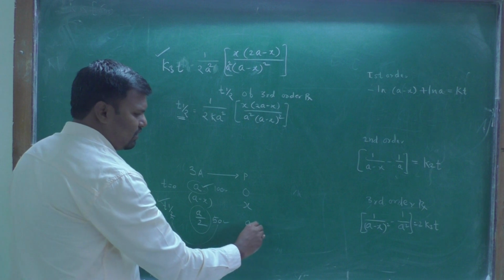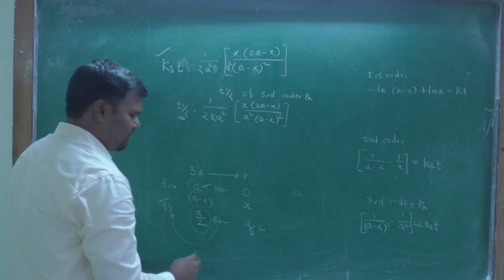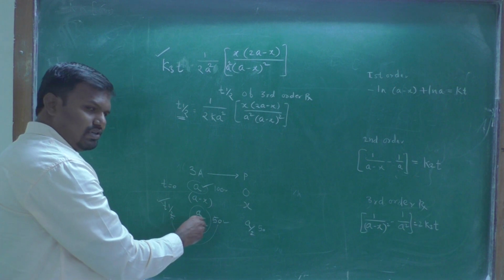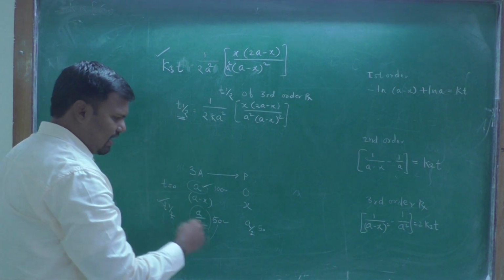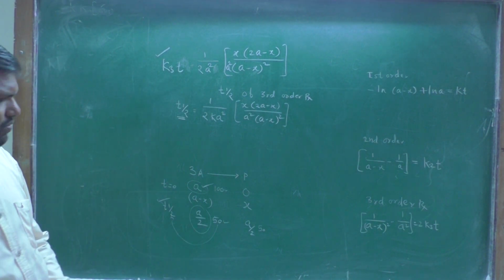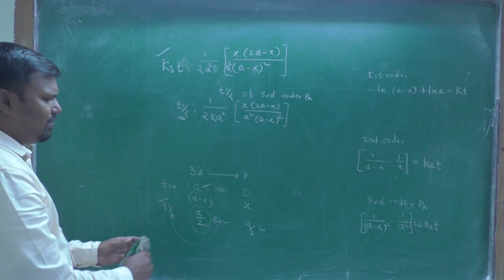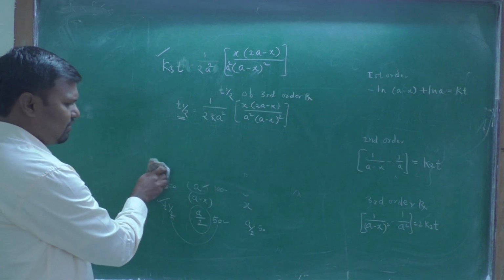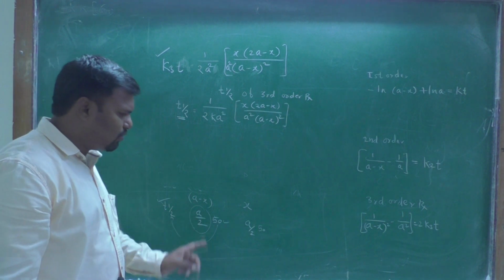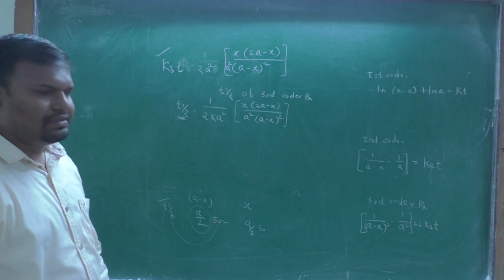If it is 50, your product is also 50. Therefore, at the half-life period, a by 2 is the reactant concentration as well as a by 2 the product concentration. Therefore, for a minus x and for x we will use a by 2.